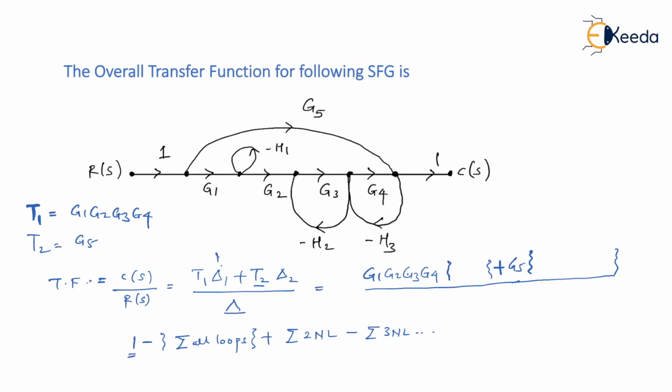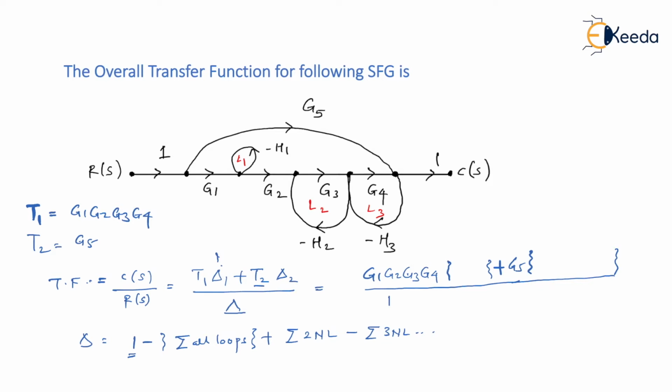So let us write this 1 by default, which is a part of delta. Then the summation of all the loops. Let us see what all the loops are here. Let us assume this self loop as minus H1, L2 as minus G3H2, and L3 as minus G4H3.